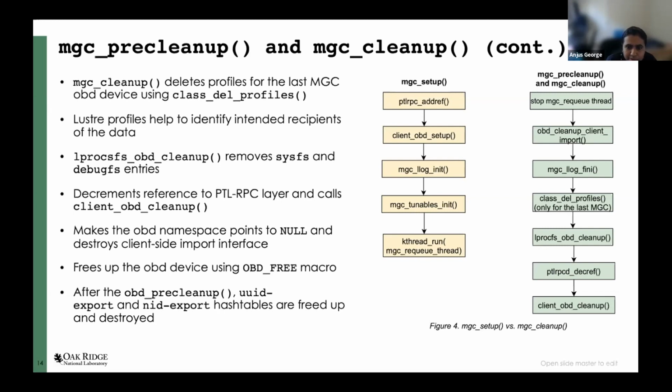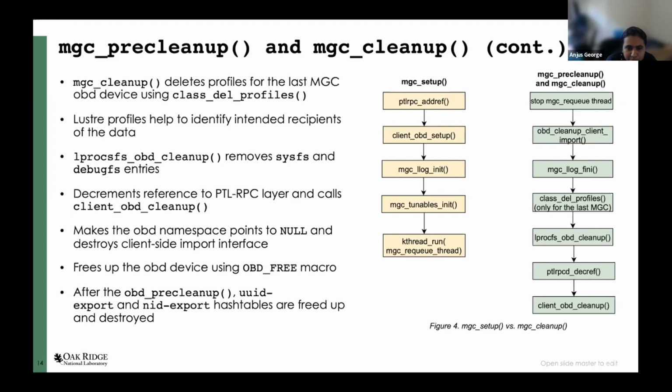Next, the LProcFS OBD cleanup routine removes sysfs and debugfs entries for the OBD device. It then decrements the reference to the portal RPC layer and finally calls client OBD cleanup. So this function makes the OBD namespace point to null, destroys the client-side import interface, and finally frees up the OBD device using the OBD free macro.